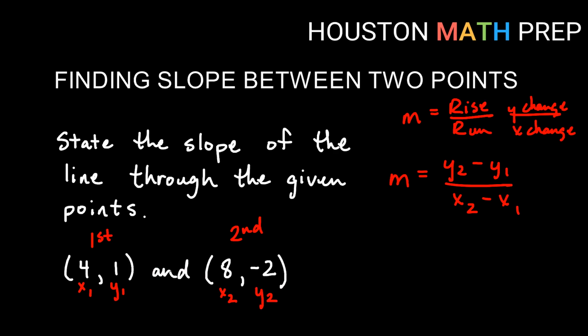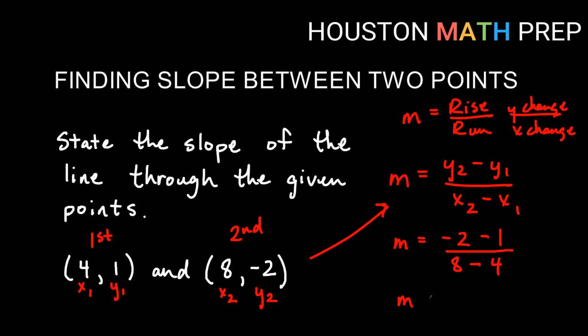So if I know all of these, I can plug in to my formula. y2 minus y1 will be -2 minus 1 over, and then x2 minus x1 on the bottom. So that will be x2 is 8 minus x1 is 4.